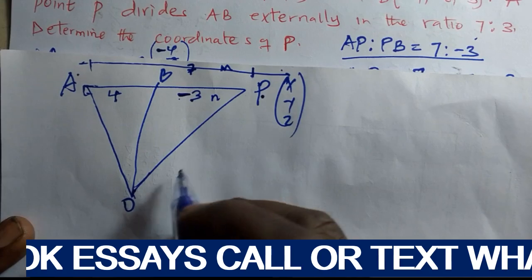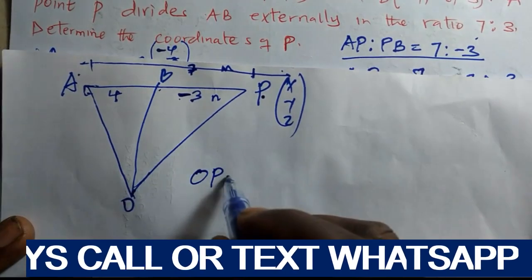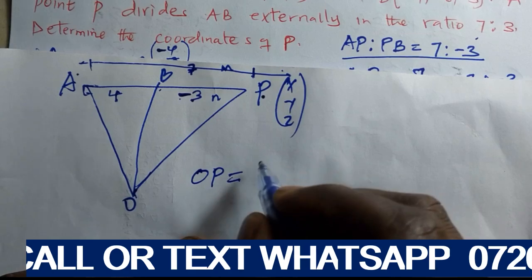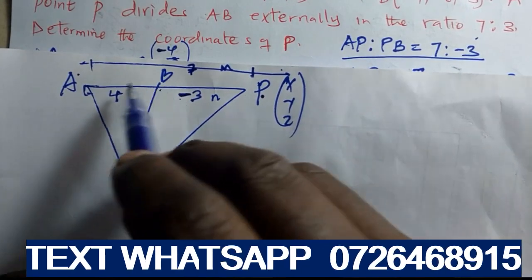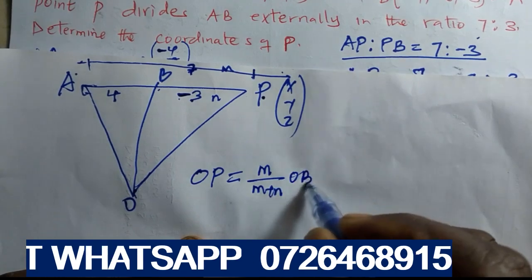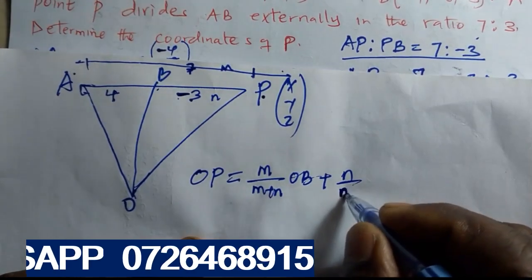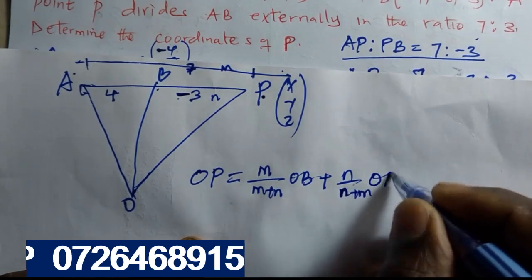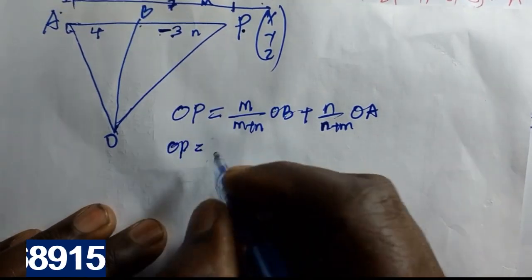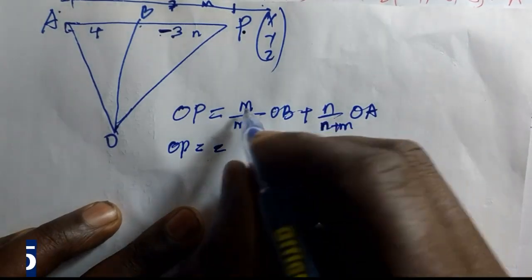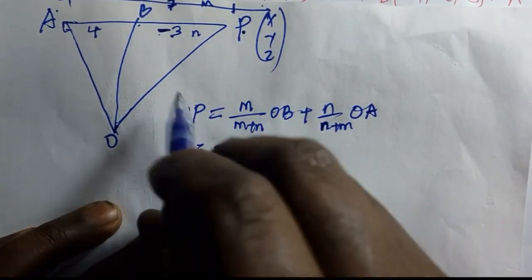So we are going to use the ratio theorem direct to get OP in terms of B. OP will be m over m plus n OB plus n over n plus m OA. So OP, which is XYZ, is equal to m is 7 over total, which is 4, OB.